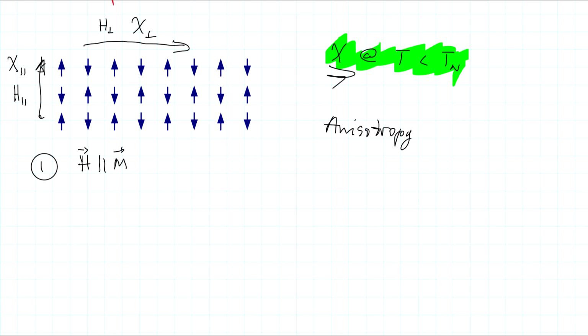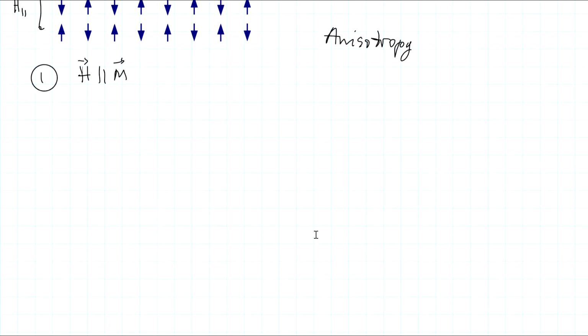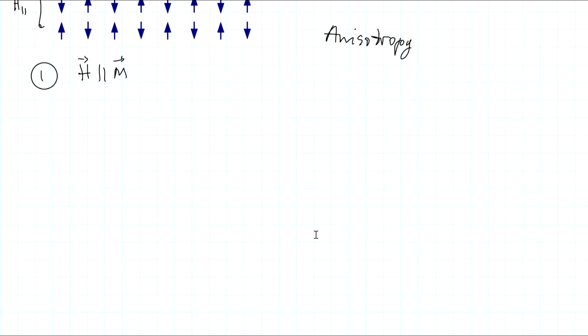Okay, so when we get into the ordered state of spontaneous magnetization, our sublattices MA and MB, they both follow the Langevin, or there is also Brillouin theory.